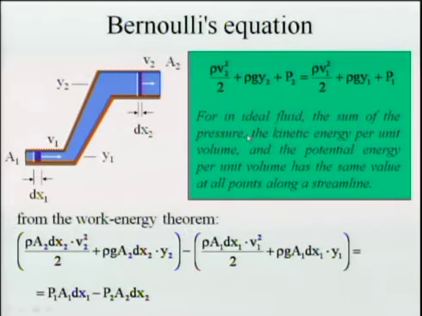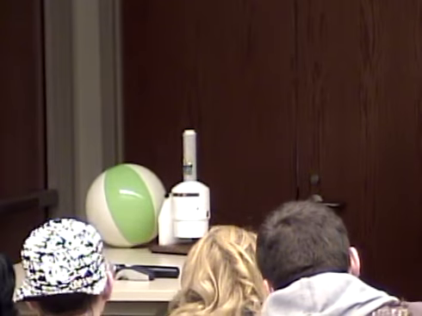So if fluid moves fast, it has high kinetic energy, therefore pressure has to be lower. So in a narrow pipe, pressure is smaller than in a wide pipe. And whenever fluid moves fast, then pressure becomes smaller. And I have a demonstration for that here. I think that after the demonstration I'll finish the lecture.